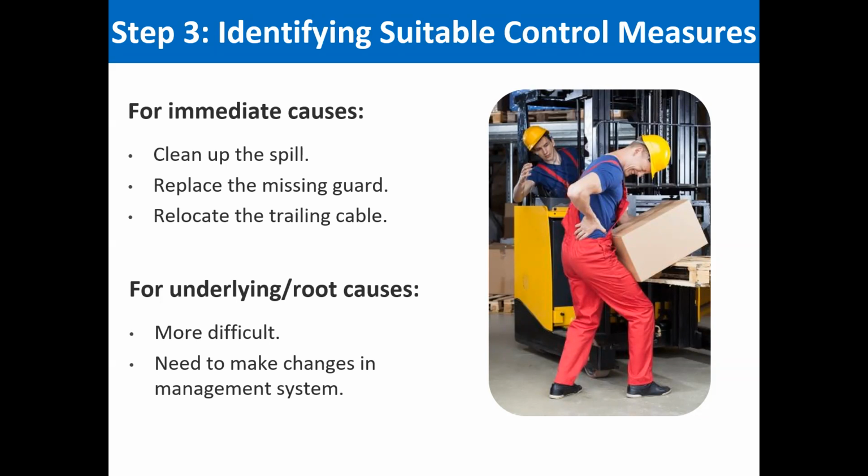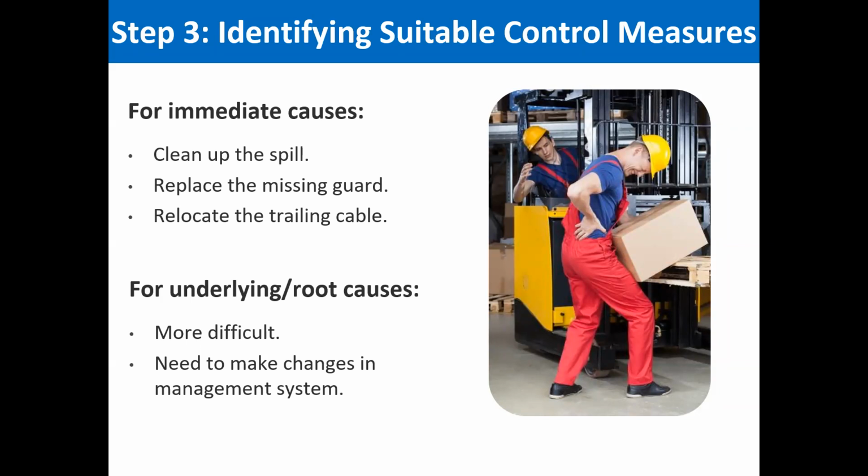Now, addressing underlying causes can be very, very difficult and they can take a very, very long time because you are addressing the management system here. They are more difficult to take and you might need to make changes in the management system. For example, the immediate cause for oil spillage, there might be an underlying cause behind the spillage, such as poor maintenance of the vehicles.